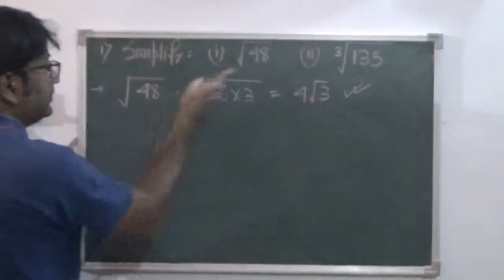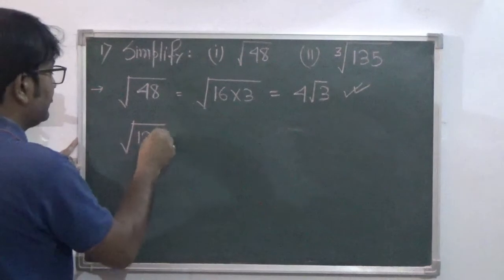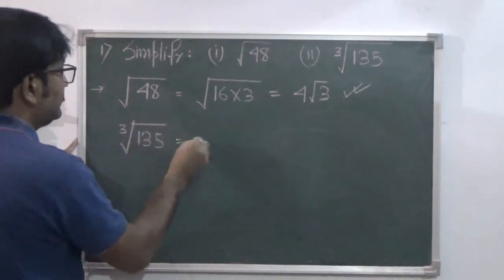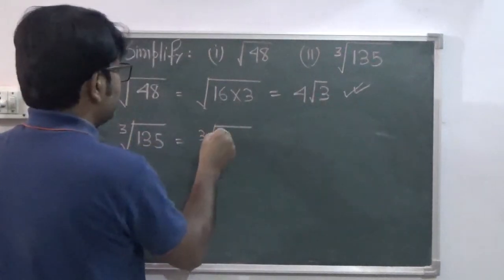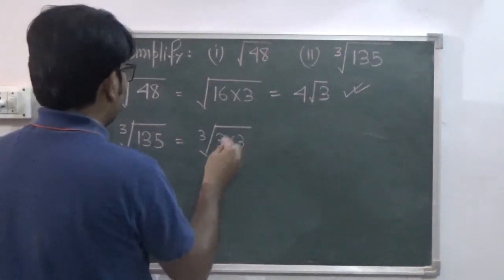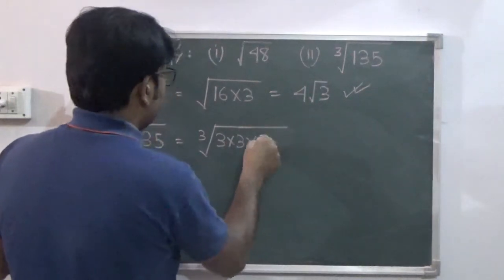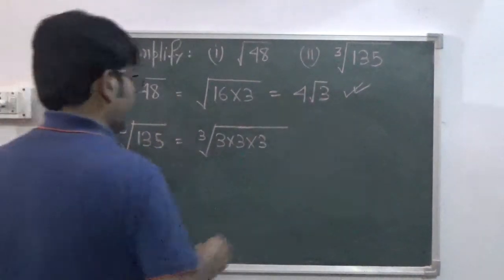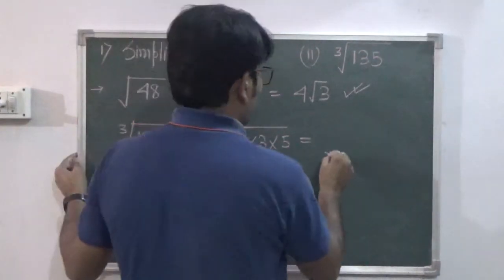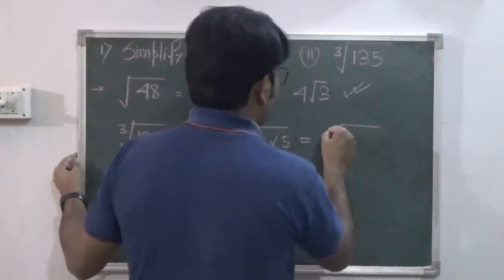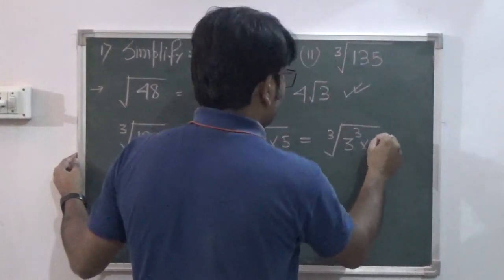Second one is the cube root of 135. If you write the factors, this comes to 3 into 3, 9 into 3, 27 into 5. So this is the cube root of 3 power 3 into 5.